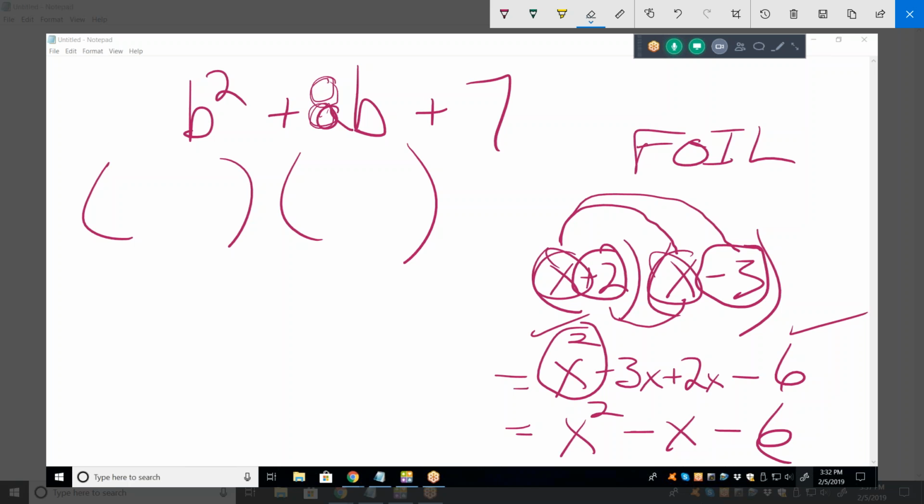I, first of all, separate factoring into easy and hard. This is easy. The reason it's easy is because the squared term has a 1 as a coefficient in front of it. B squared has a 1 coefficient.